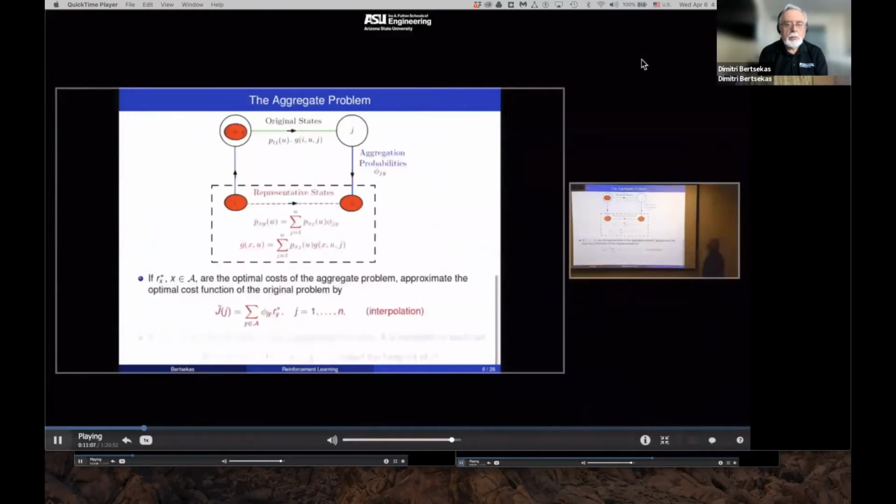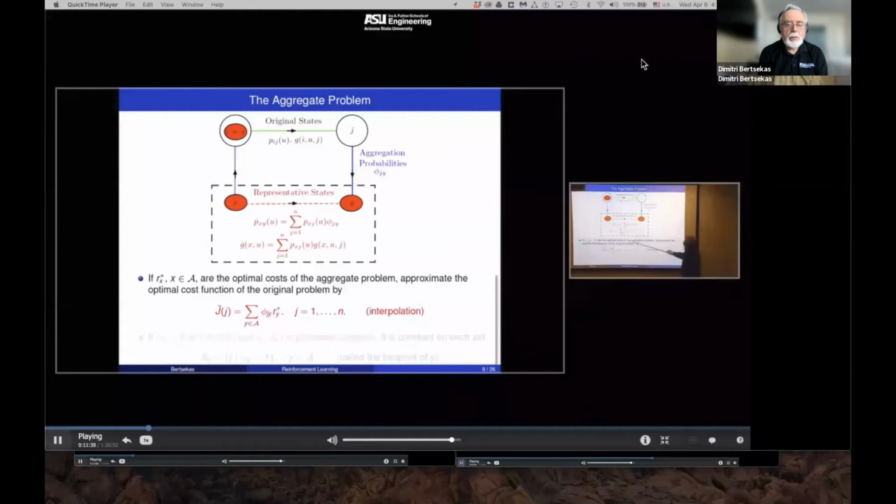Here's the aggregate problem. The original problem involves transitions and costs from i's to j's. The aggregate problem involves transitions from representative states to representative states under these transition probabilities and under these transition costs. I can solve this problem exactly, and let me call R star of x the optimal cost of representative state x.